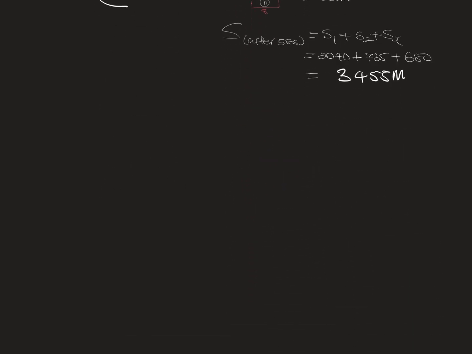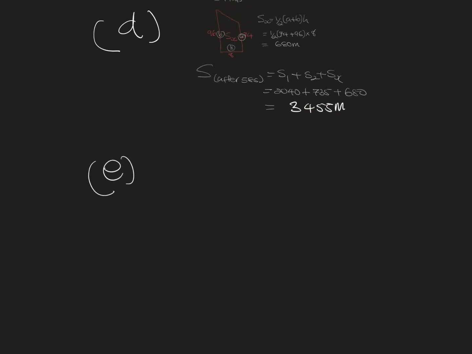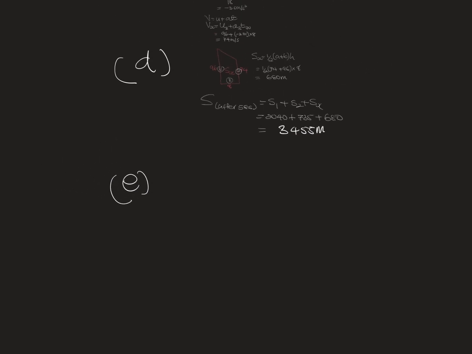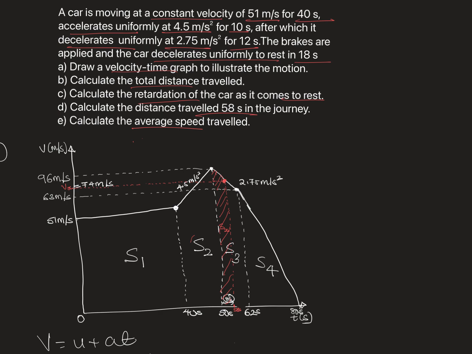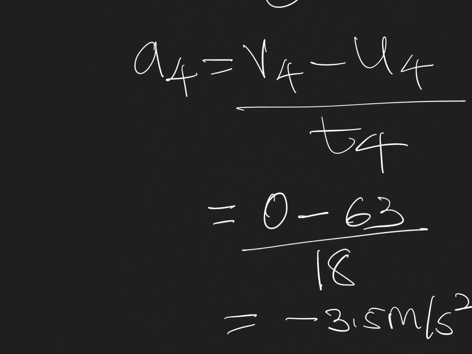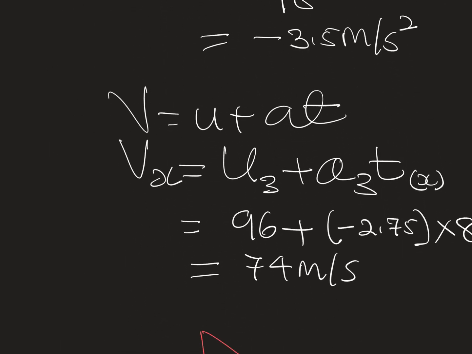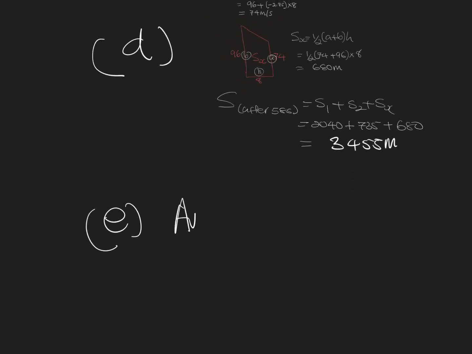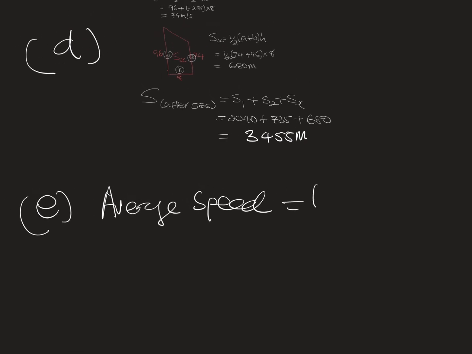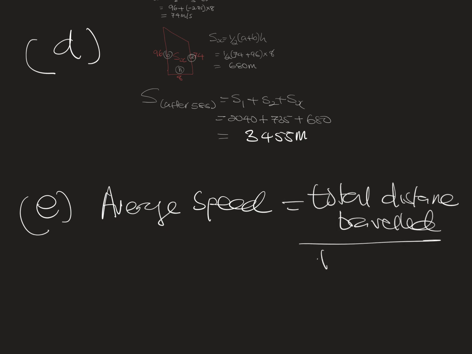Let's move on to calculate the average speed, which is question E. Calculate the average speed, and that's the final question. Average speed is equal to total distance traveled divided by the total time taken.